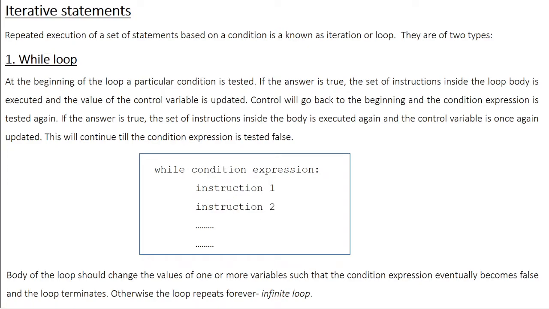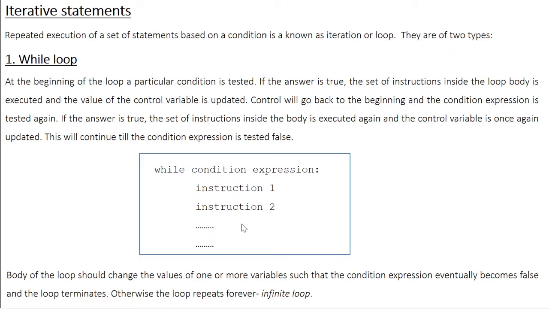So as long as the value of the control variable is such that the condition expression gives you a true result, then the loop will be executed, but there will come a point where the value of the control variable gives you a false result in the condition check.